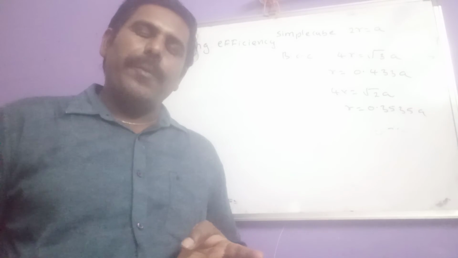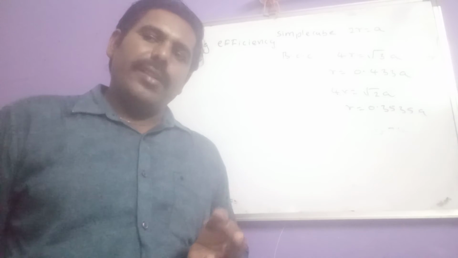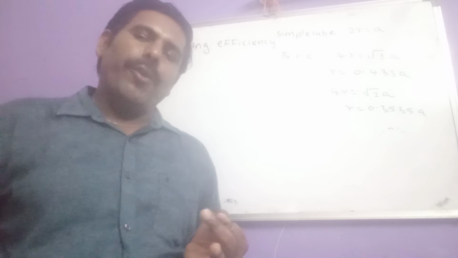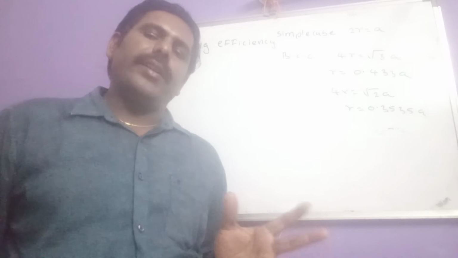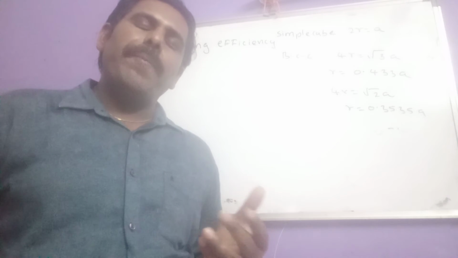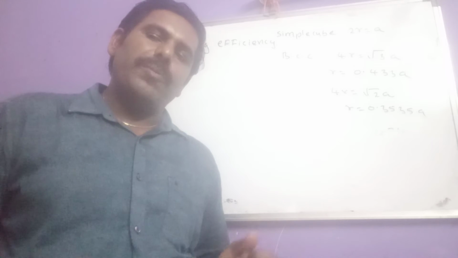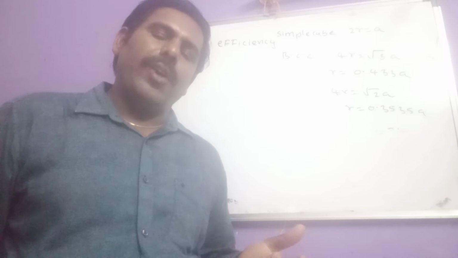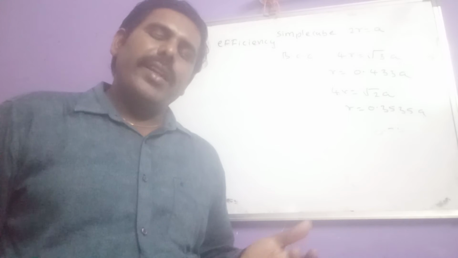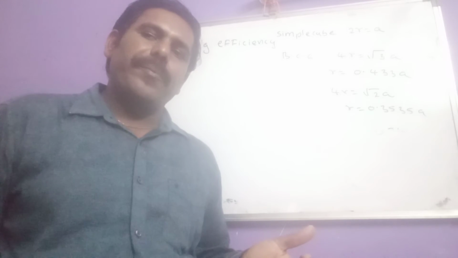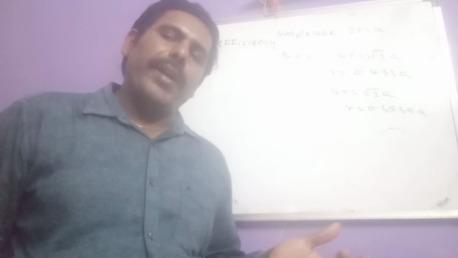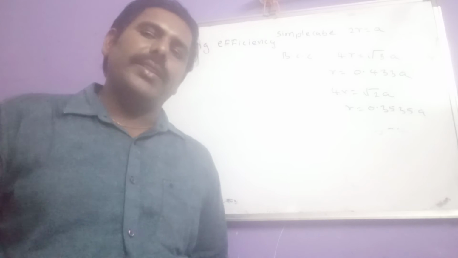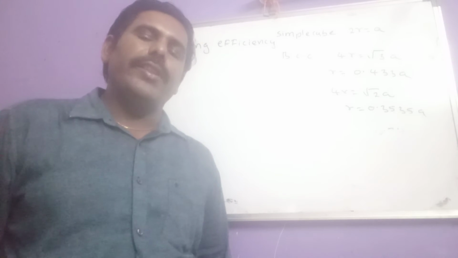They may give options: simple cube, hexagonal close packing, body centered cubic, like that. So which is highly packed? Hexagonal close packing. How much percentage is occupied in HCP structure? 74%.